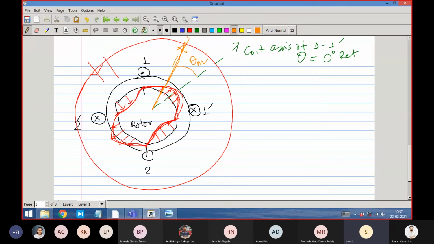M suffix is mechanical. Theta m is equal to 0. So you tell me what will be the flux linked by the coil 1 dash.